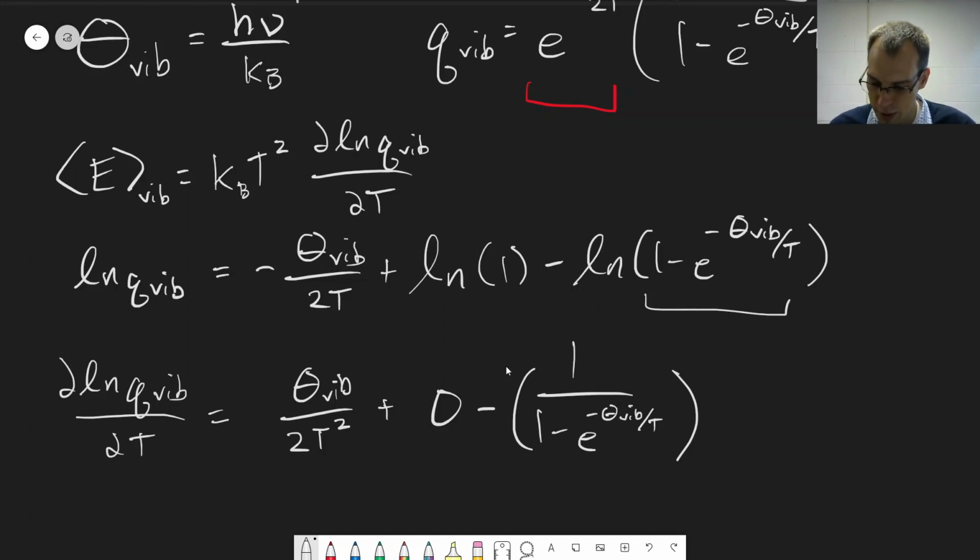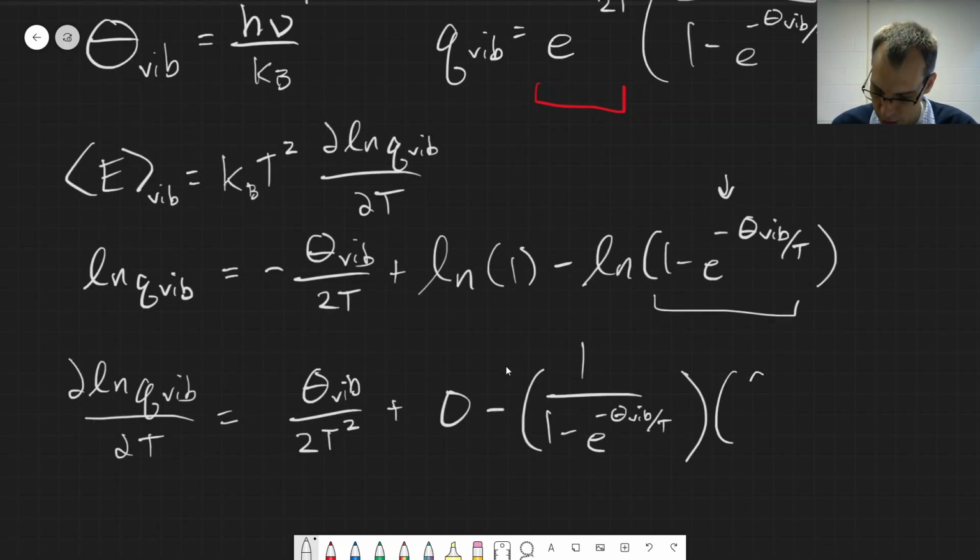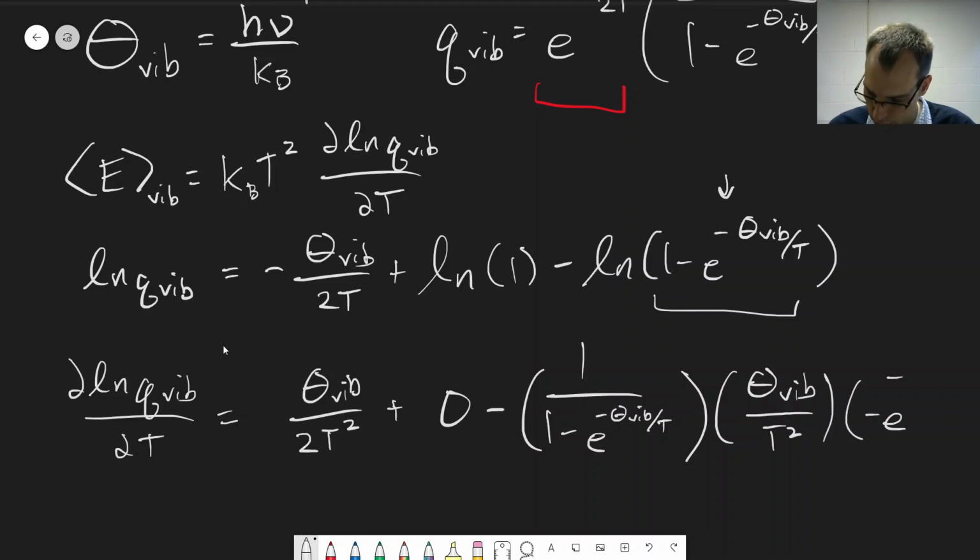Then we need to take the derivative of just what's inside, so the derivative of 1 minus e to the minus theta vib over T. We're going to end up with theta vib over T squared times minus e to the minus theta vib over T, and that's from taking the derivative of the exponential.